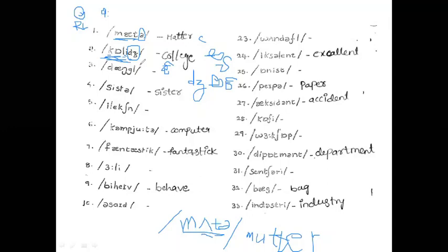Then it must be college. You have to practice it. When you pronounce it in that way, that becomes part of your speech. So that's why try to practice in that way only.